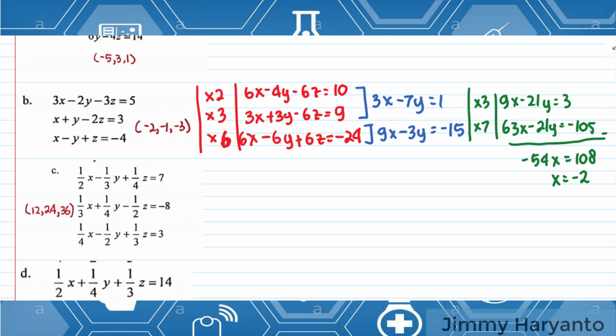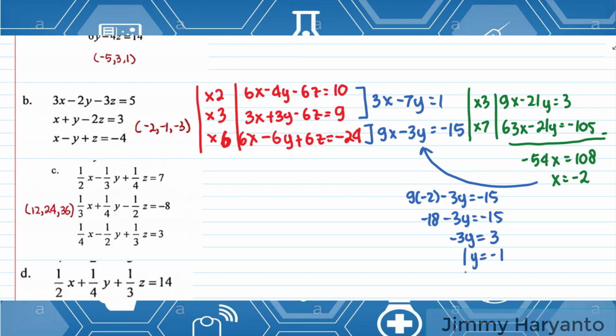Okay, next I want to find the y by substituting the x. 9 times negative 2, negative 18, negative 3y equals negative 15. Move the negative 18, so 3y equals negative 1. We already got x and y, and then we can find the z by substituting x and y.